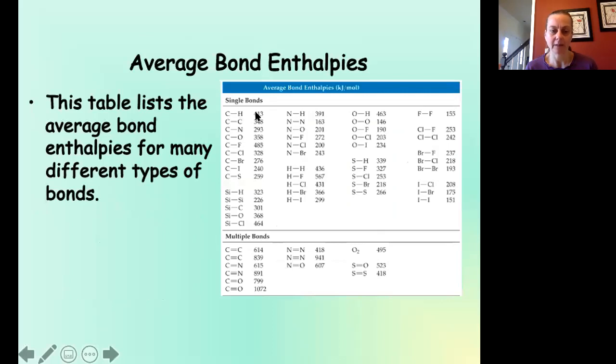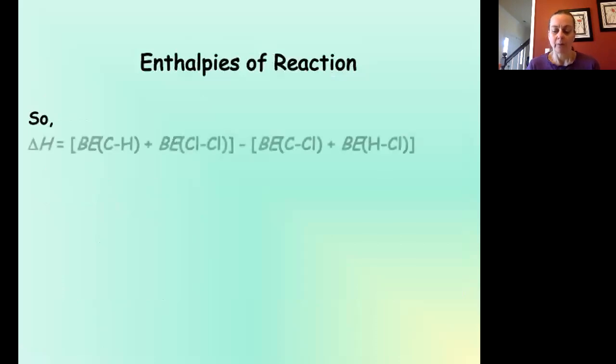So we would look at this table of average bond enthalpies, and we know we're going to break one carbon to hydrogen, and we're going to break one chlorine to chlorine. So we would have 413 plus 242 minus, now we're going to form a carbon to chlorine bond, which is 328. And we're going to form a hydrogen to chlorine bond, which is 431. So our delta H is going to equal bonds broken minus the sum of the bonds formed.